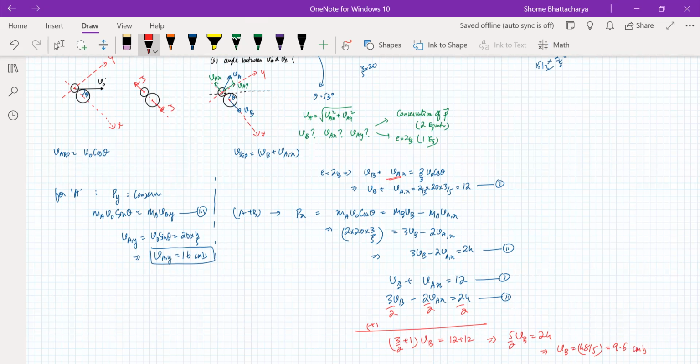And then that will mean that VAX is 12 minus VB, so that is 2.4 centimeters per second. So finally, we will get VA as minus 2.4 I cap plus 16 J cap, and VB as 9.6 I cap.